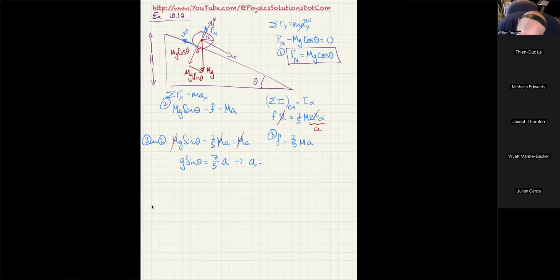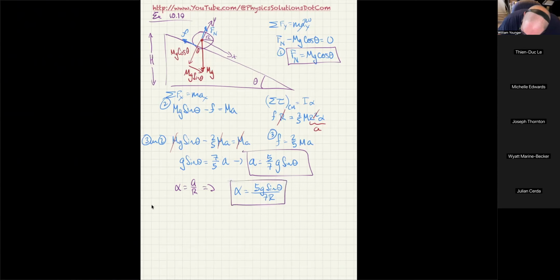So that means a is going to be equal to 5/7 g sine theta. That's our acceleration. Of course, our alpha is a over r. So in this case, alpha is going to equal 5g sine theta over 7r. And that's going to be our angular acceleration.